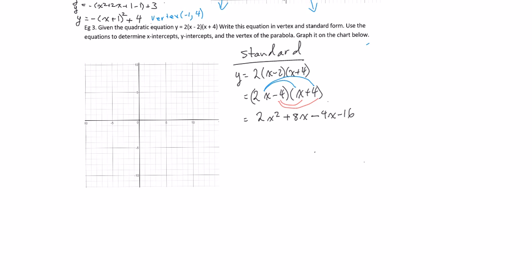And now we collect like terms. Based on our standard form, the y-intercept is -16, so it's way off the graph. Now we're going to take our standard form and we're going to calculate the vertex form.